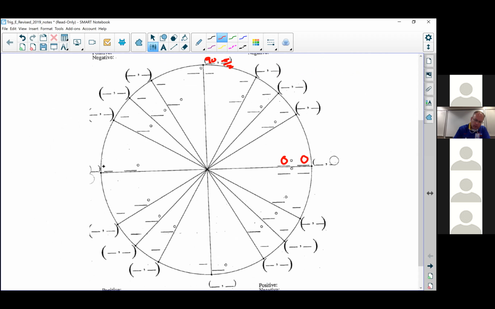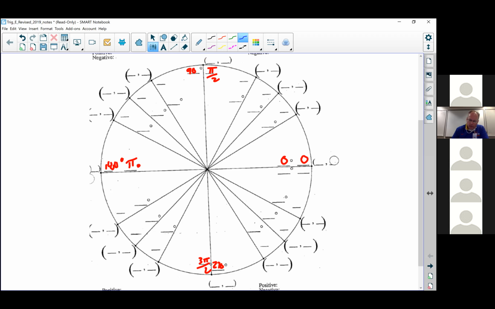Oops, I put those in the wrong spot, sorry. 90 degrees, pi over 2. Over here, this is 180 degrees, which is pi. Over here, this is 270 degrees, which is 3 pi over 2. Okay, so that's the first thing I'd go with.